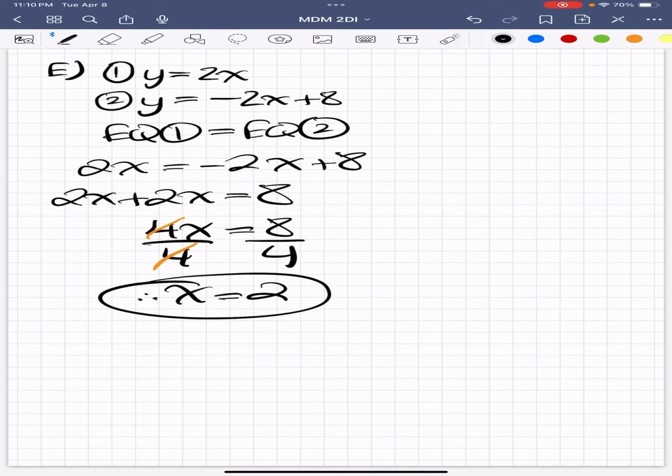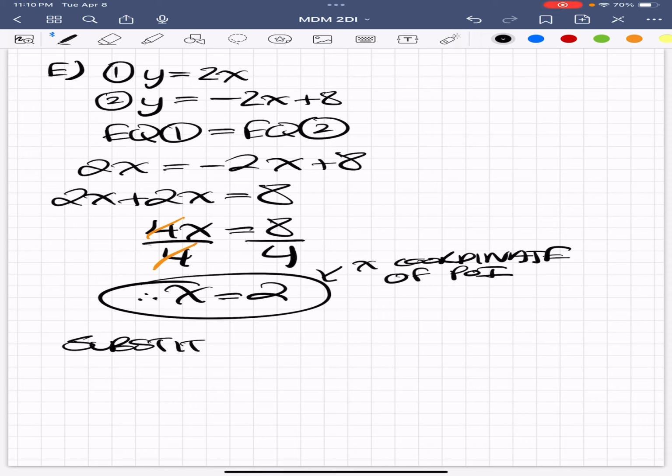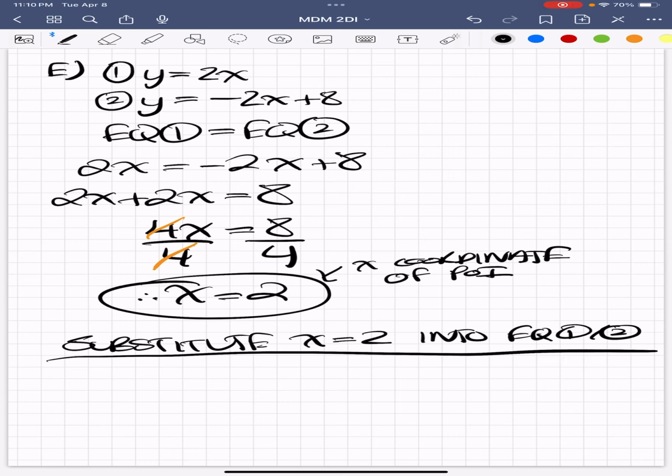And so we have that x coordinate of the point of intersection, and then we substitute x equals 2 into equations 1 or 2. And then we have y equals negative 2x plus 8.